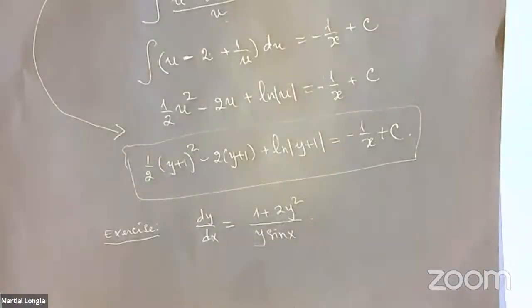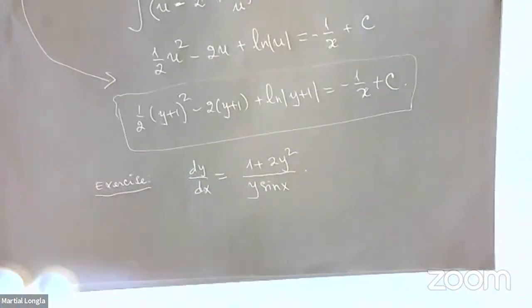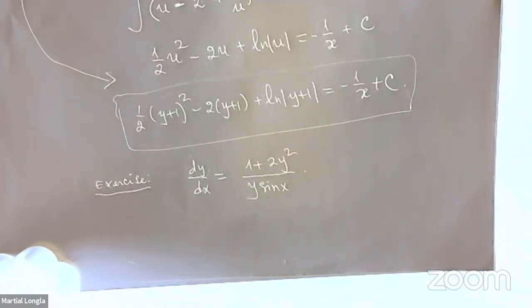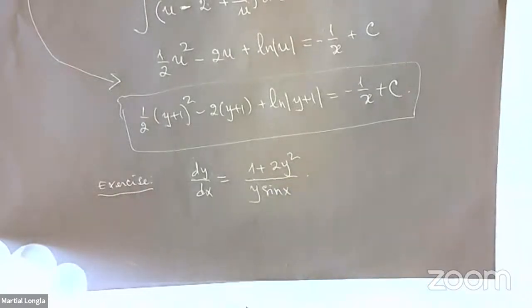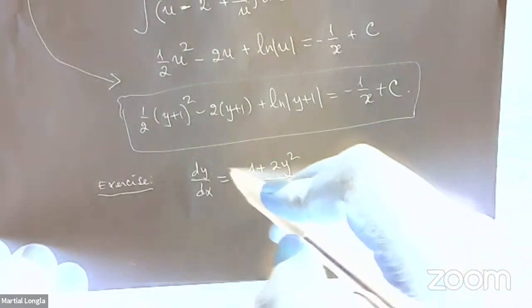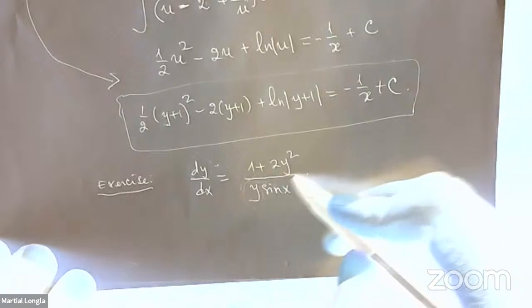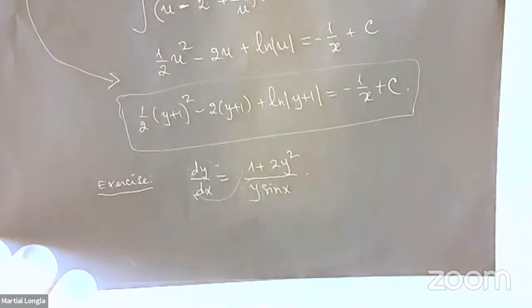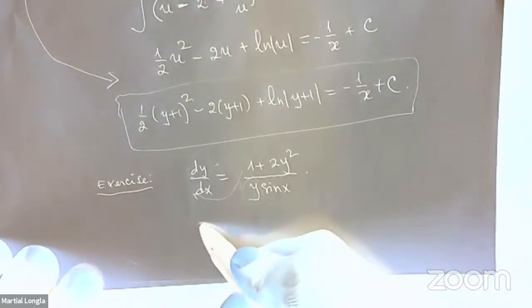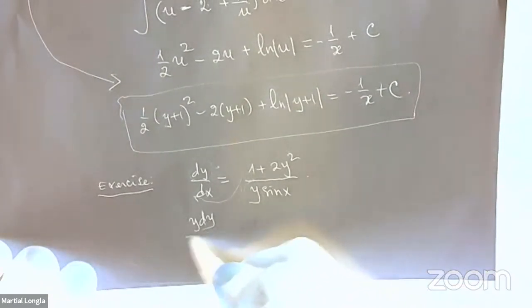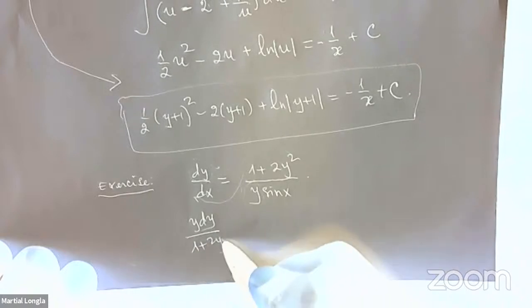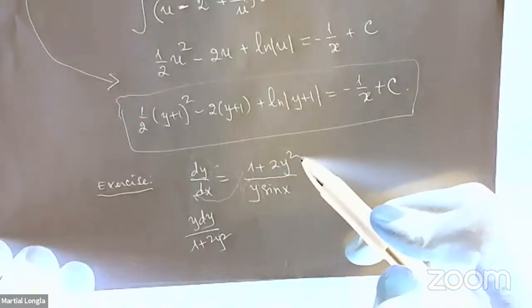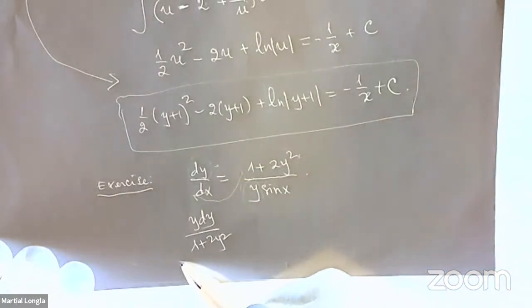And so this is the part he's asking about, on separating. You have dy here on top, you have y here below, so this y can go up here. This 1 plus 2y squared at the top goes to the bottom. So you are going to have y dy over 1 plus 2y squared, because this y from the bottom went to the top and the 1 plus 2y squared from the top went to the bottom.